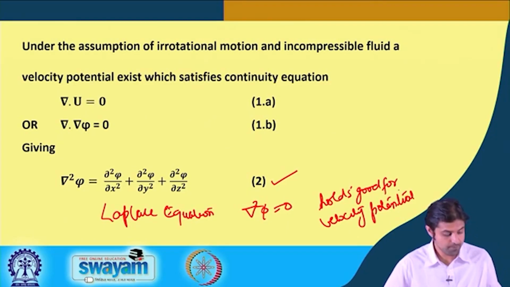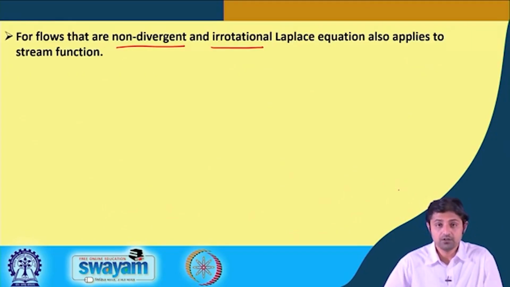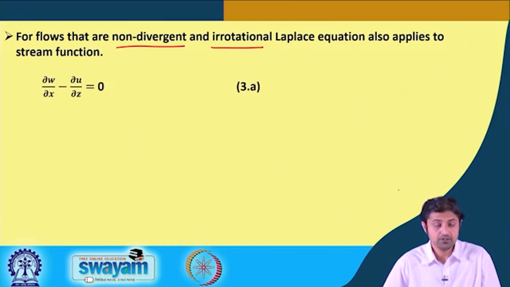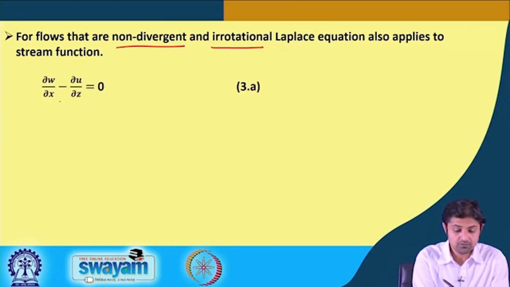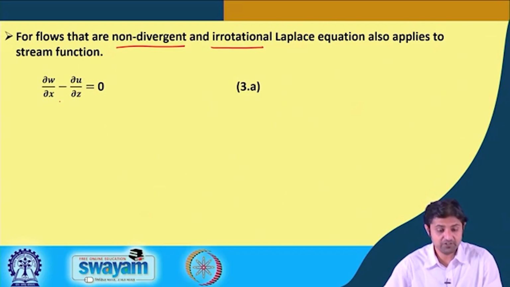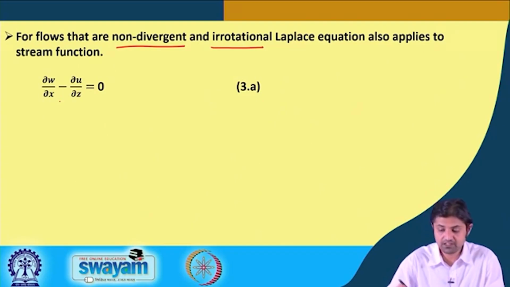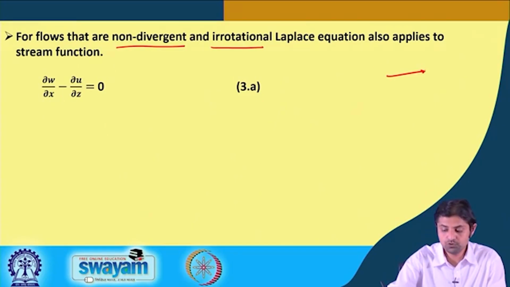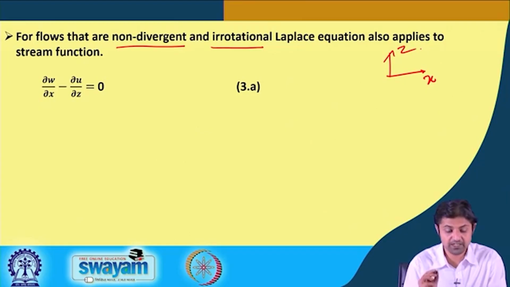All right, but for the flows that are non-divergent and irrotational, we say that the Laplace equation can also be applied to the stream function. How? We are going to see. We know that for irrotational flow we have del w by del x, if we consider a flow in u, so x and z direction, all right. There are two directions that we assume, there is no flow in y direction.